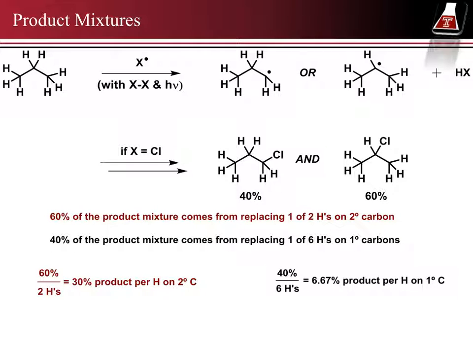The 40% of the product that is primary in terms of the chlorination product comes from 6 different hydrogens being able to do this. So per hydrogen, this is 40% divided by 6, about 6.67% of the overall product comes from each one of those hydrogens based on statistics.